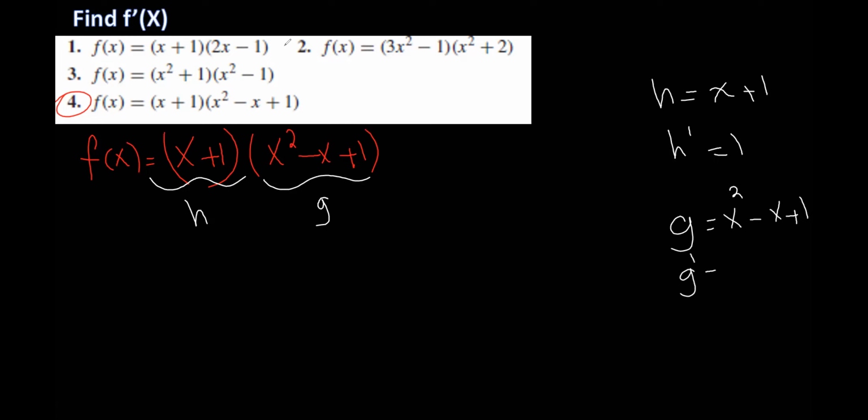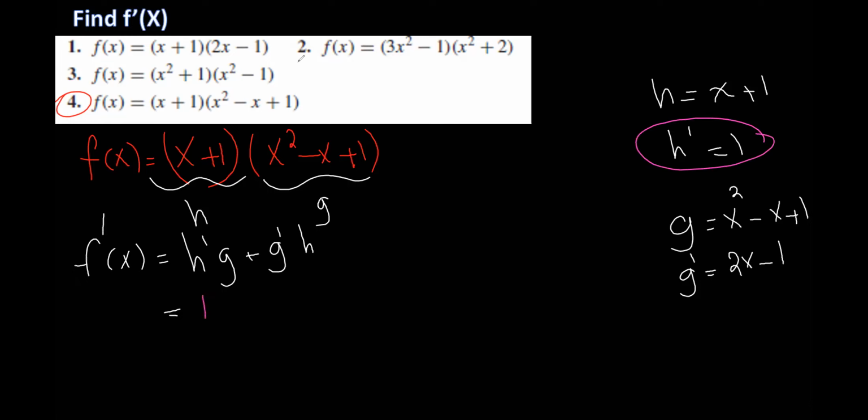So g prime is 2x minus 1. So f prime of x now is h prime g plus g prime h. Then, where is h prime?